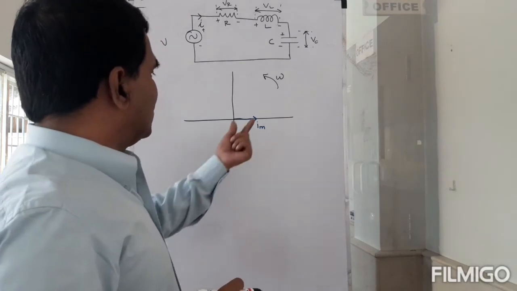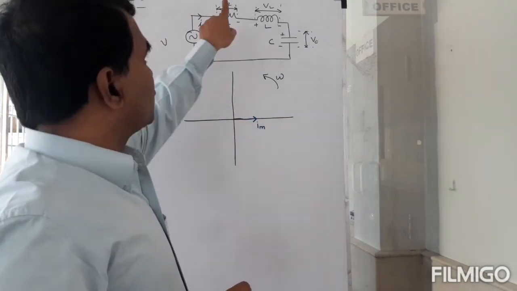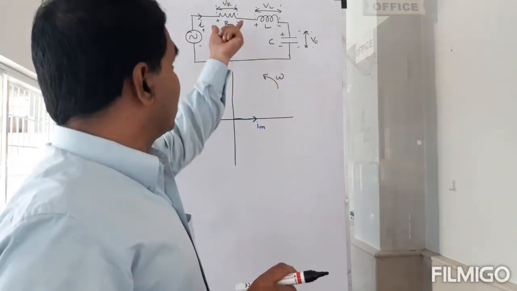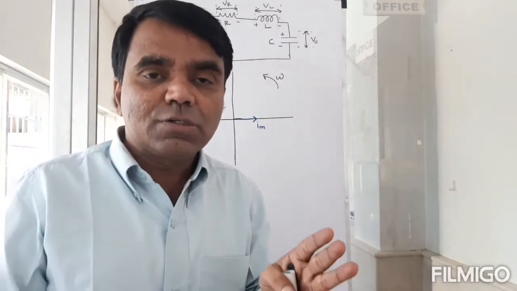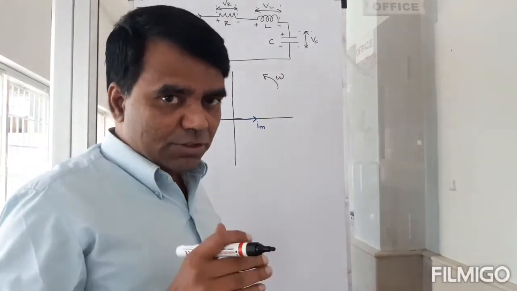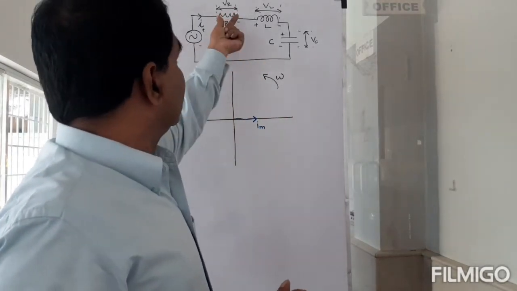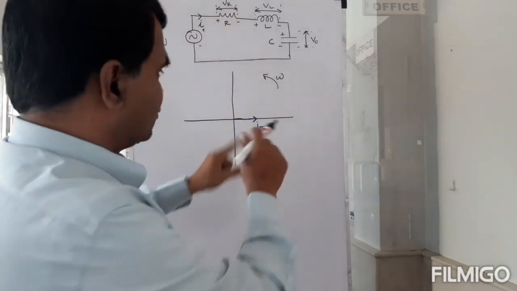So when current is like this, what would be VR? VR, the voltage across the resistor, will always be hand in hand with the current. So at that point in time, it should also be 0. It should be here, right?